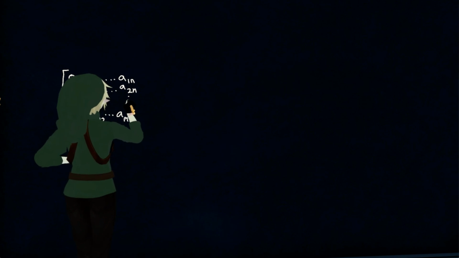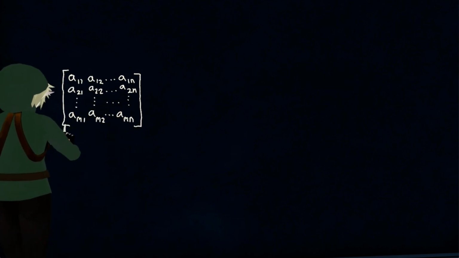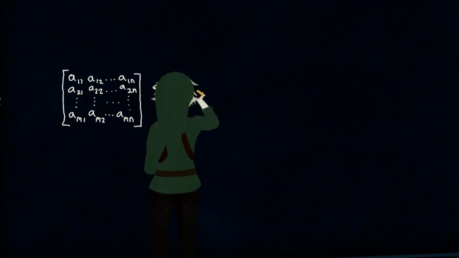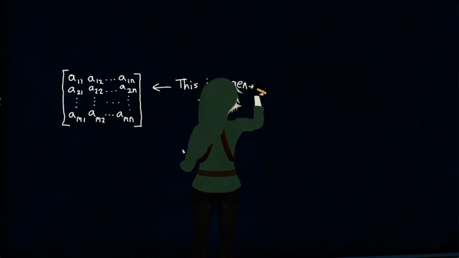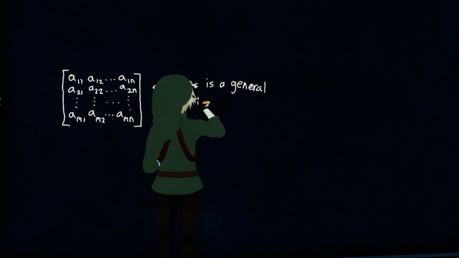But in general, when we have an m by n matrix, it'll look like this. This is a general m by n matrix.